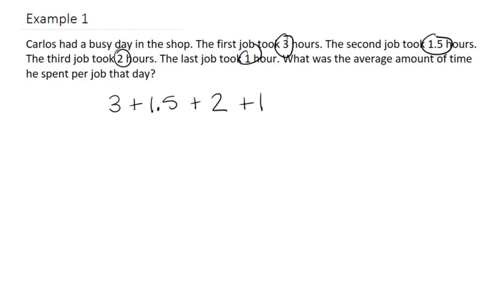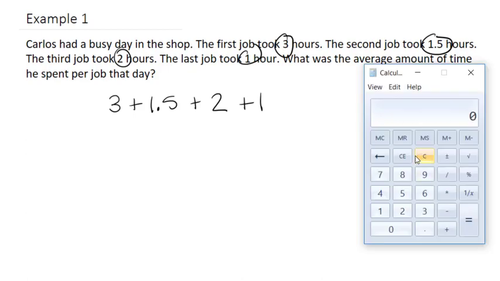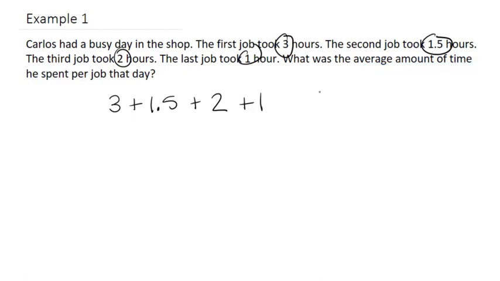So let's go ahead and do that. So we have 3 plus 1.5 plus 2 plus 1. So that's equal to 7.5. So now we've done the first thing, which we've added up all the numbers. Next, we need to see how many samples we have, which we can see we have 4, because this is the third job and the last job was the fourth job.